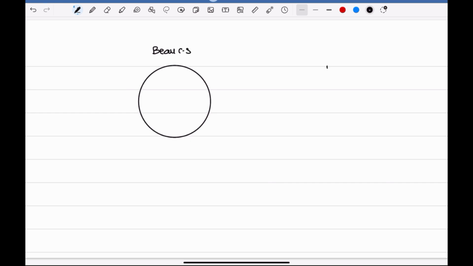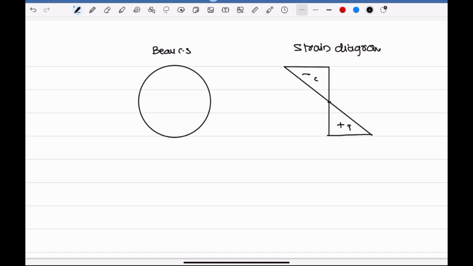Then along the diameter we have got negative side is compression, positive side is tension, because it is in the center. This is positive tension, negative compression. This is the strain diagram.